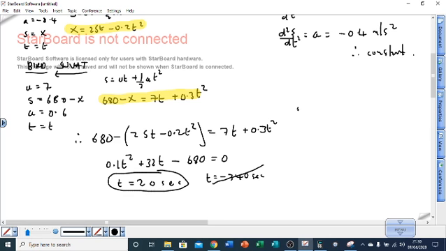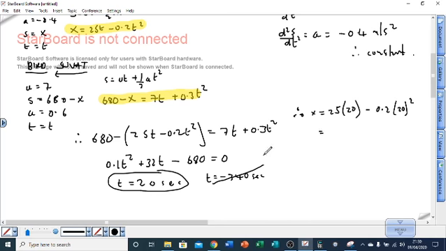To finish the question off, it'd be better to use this one. The distance x is simply equal to 25 lots of 20 seconds minus 0.2 lots of 20 seconds squared.